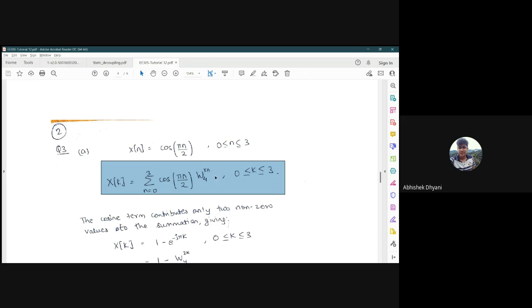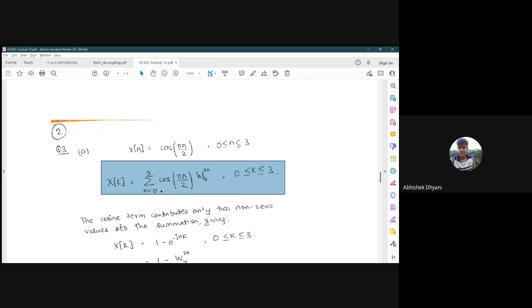And this W_4^(kn) is actually just a shorthand symbol to denote that complex exponential. And again, remember that both the sequence and its DFT have the same number of elements. So here also k is varying from 0 to 3, right? Okay, so we can solve this.